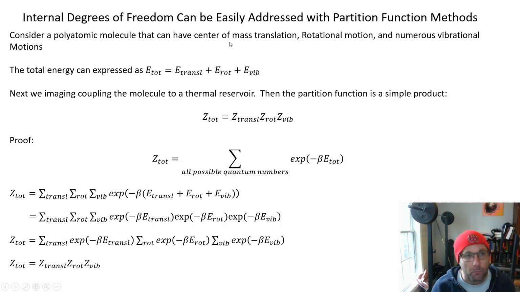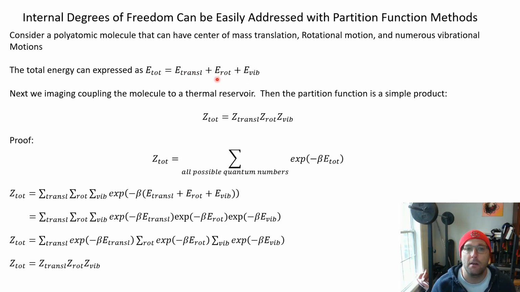So what we can imagine is that the total energy of some particle, let's imagine it as an ideal gas particle, where we've got translation of the center of mass of the molecule, rotational energies of the molecule, and vibrational energies of the molecule.